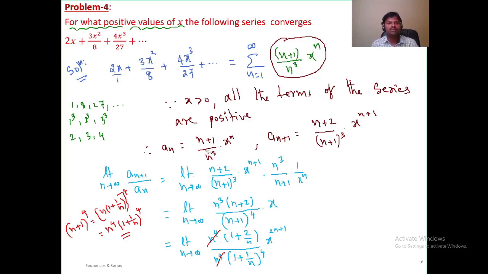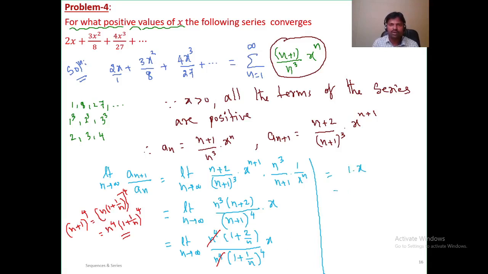Divided by an means what? N cube will come in the numerator, and n plus 1 into x power n will come down. So x power n and x power n cancelled, only x will remain. So here what will you get? Final answer? Only 1 into x you will get.